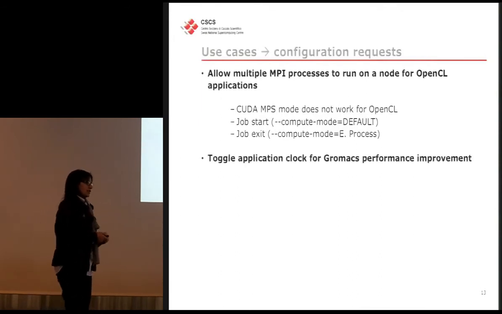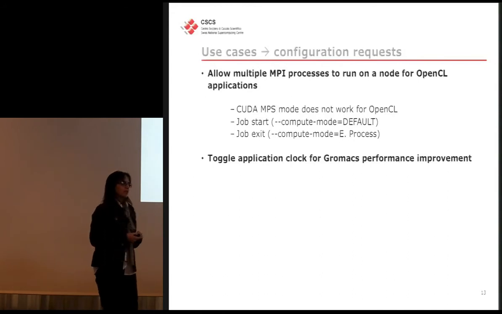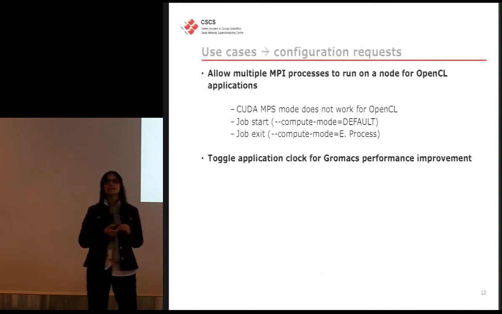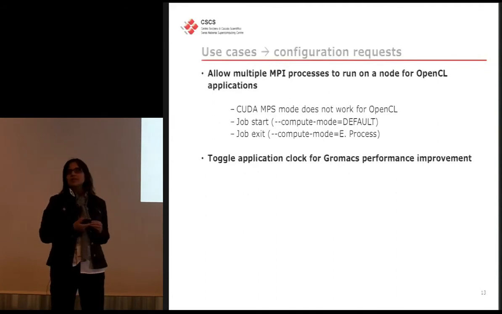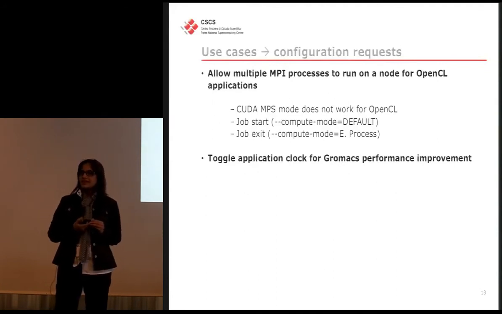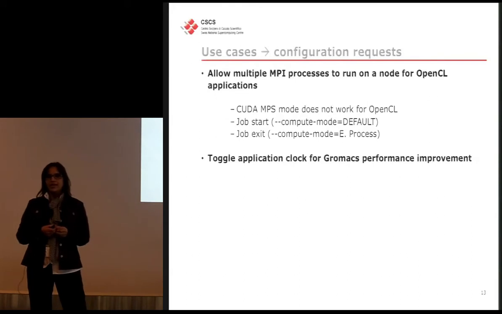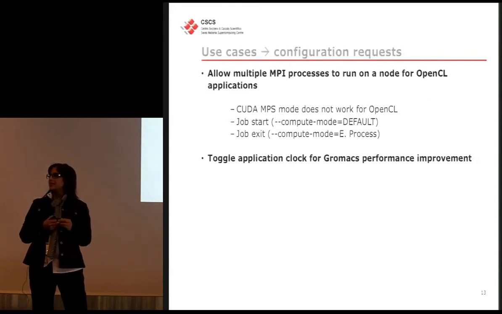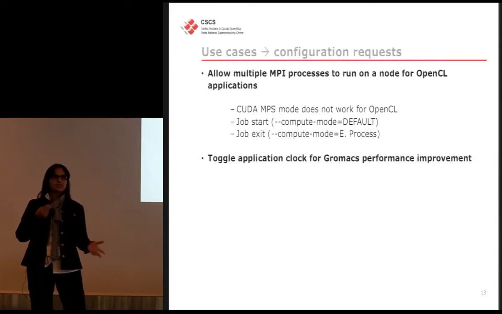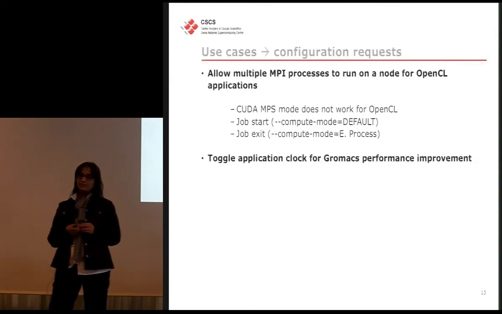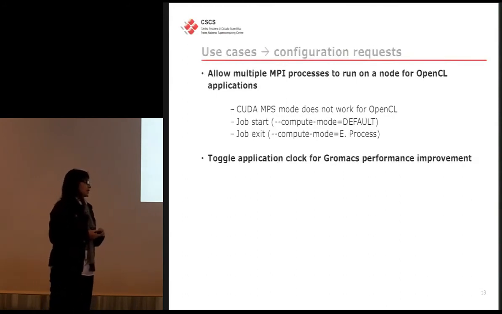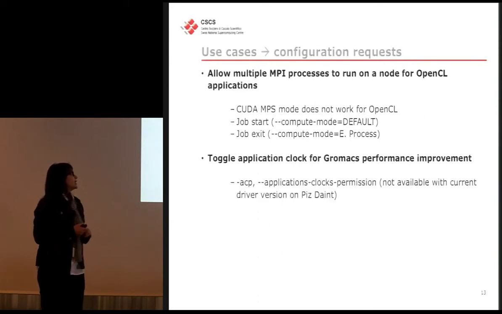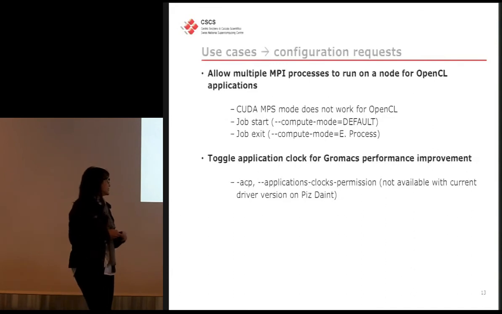The second scenario we had is something my colleague Tim, is Tim here? Yeah. He was working on tuning GROMACS, and they realized that if we increase the clock speed of the GPU, efficiency can go up by 10 to 15%, which is not something you can ignore.